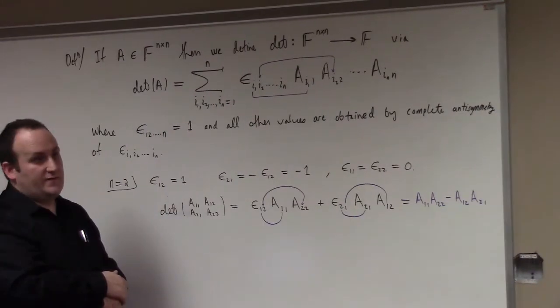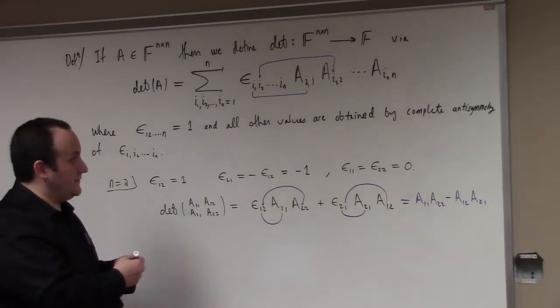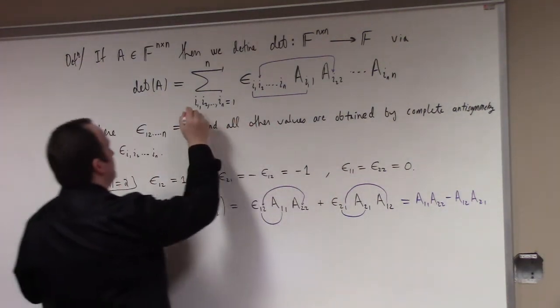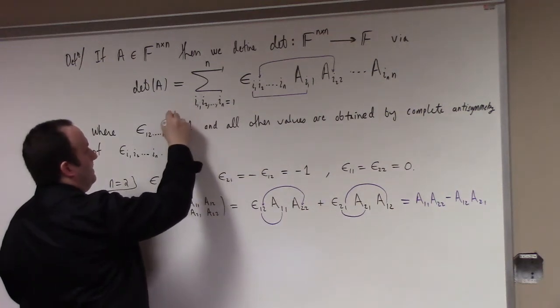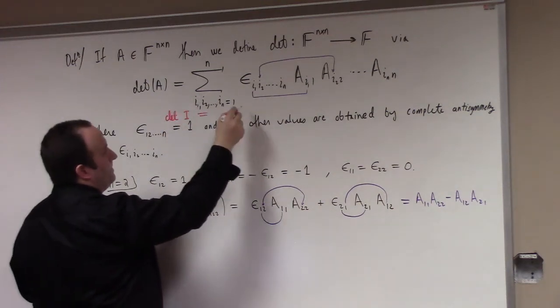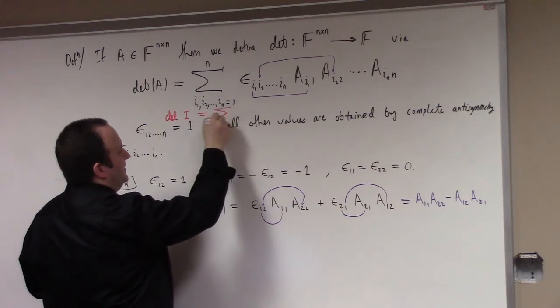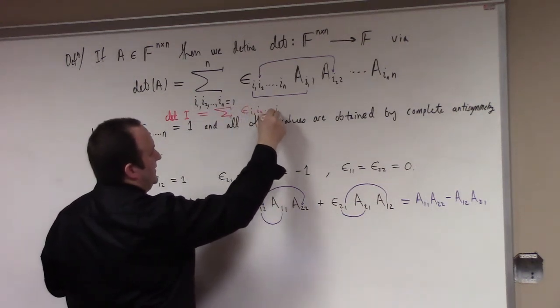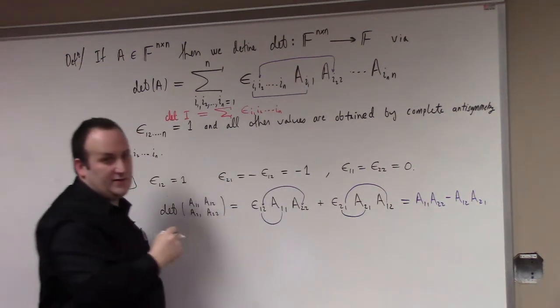What would happen, for example, if I put in the identity matrix? If I look at the determinant of I, how would that work out? So we'd have the sum over all those indices, epsilon i1, i2, in. And what are the components of the identity matrix?